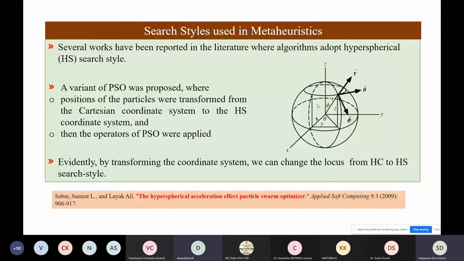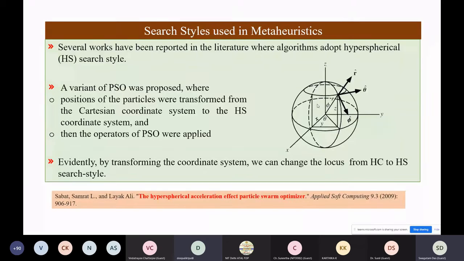So in order to advocate hyperspherical search trajectories, these people converted the positions of the particles into the polar coordinate system, and then the operators of PSO were applied.